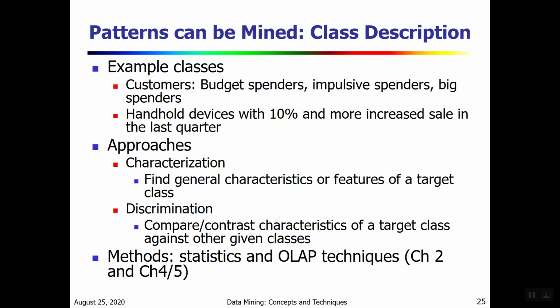For example, you have customers who spend based on budget, or spend based on their emotion, or just spend whatever they have. You can have those classes, and you want to know, okay, what's the behavior of budget spenders, impulsive spenders, or big spenders.